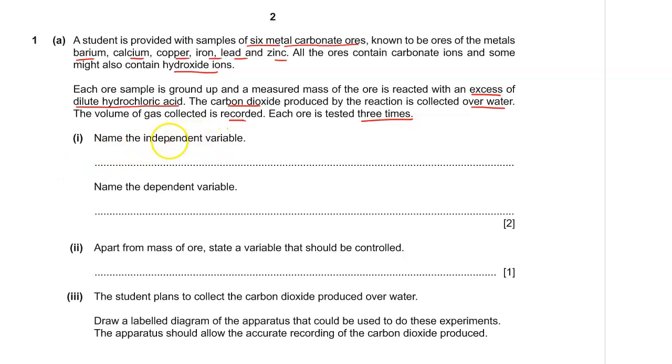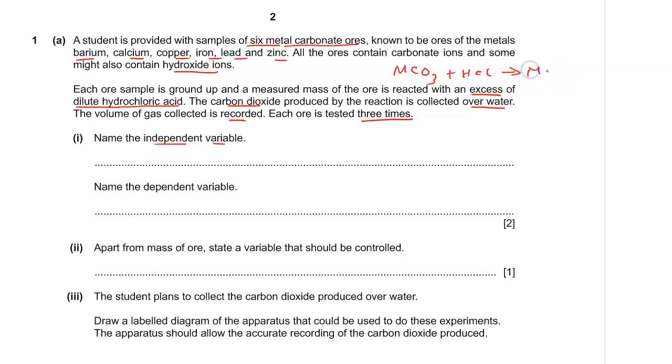Name the independent variable. Between the carbonates, dilute hydrochloric acid, and the carbon dioxide that is obtained, of course, there is going to be a salt obtained as well, especially when you react a carbonate plus HCl.